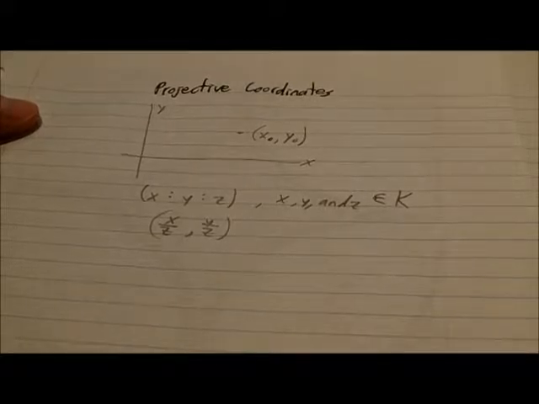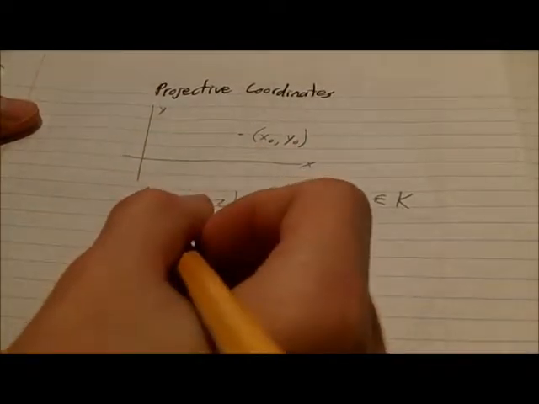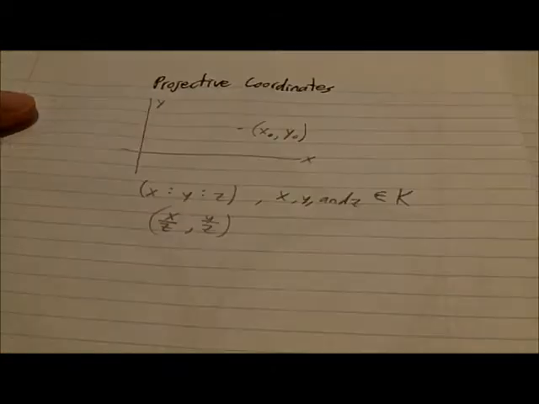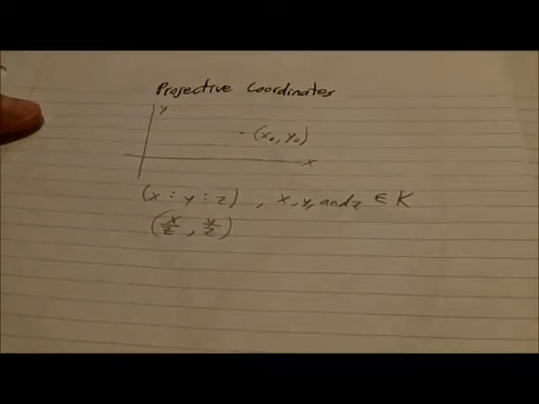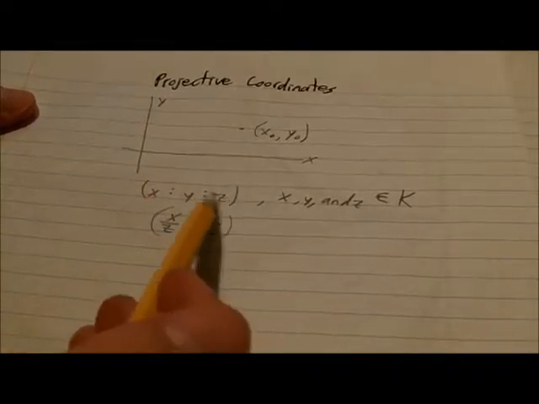In the meantime, just consider the following. We have x over z comma y over z, and that is just a ratio of our usual x variable to z, this third variable.